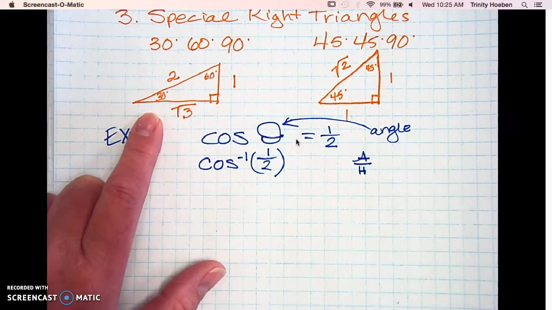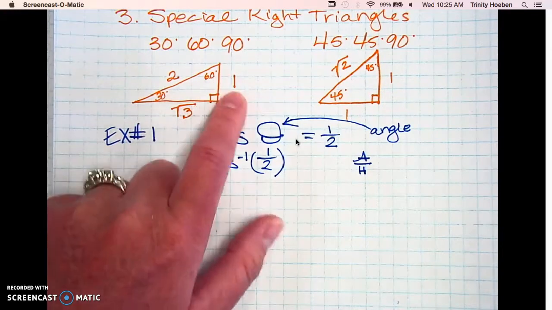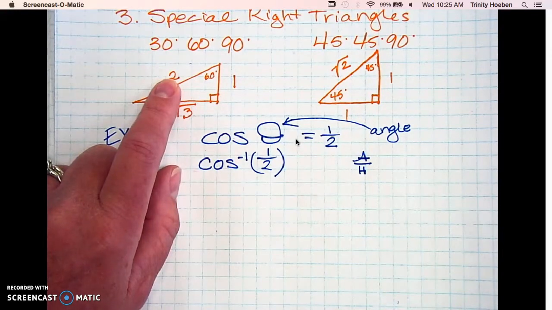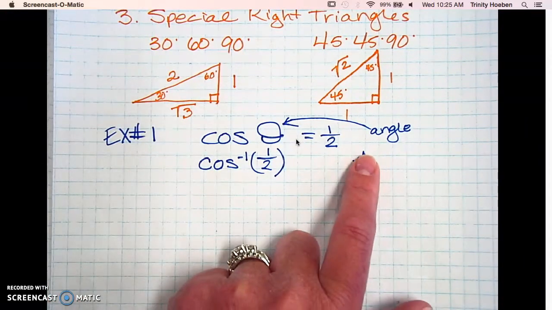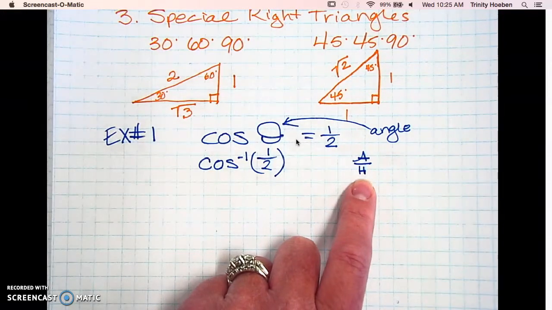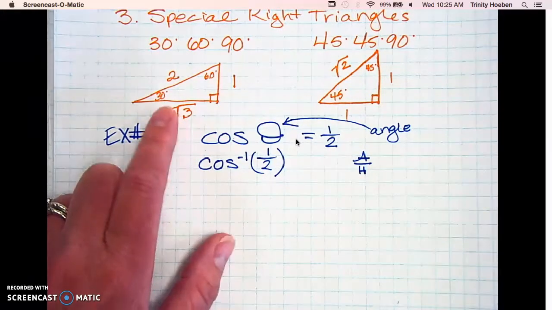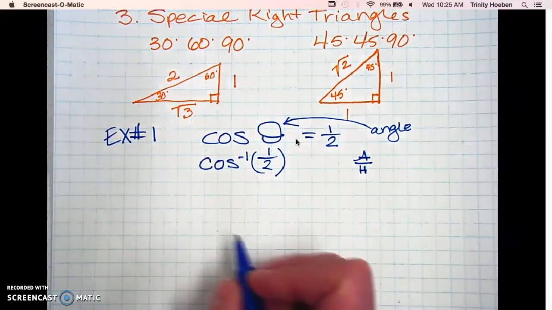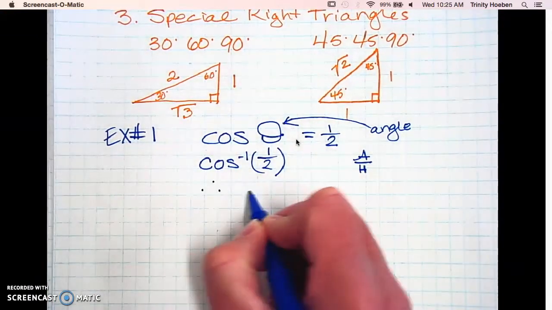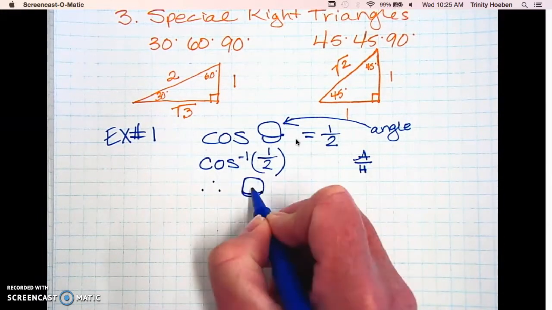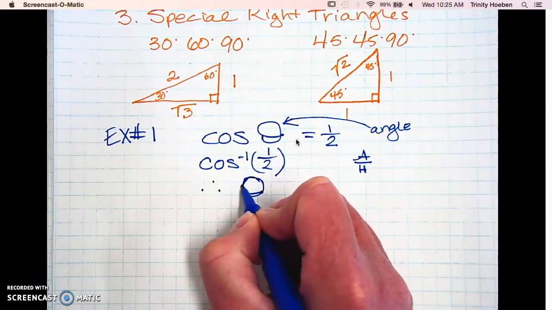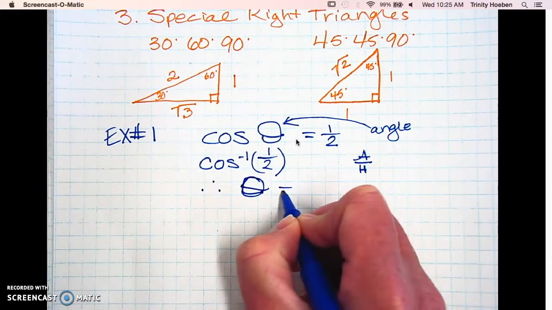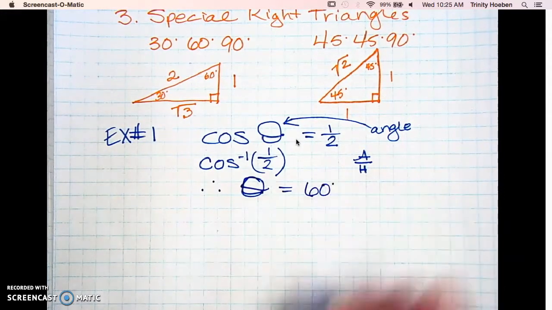Right? The 30, 60, 90. Everybody see the 1 and the 2? So we want the adjacent and the hypotenuse. Is that going to be the 30 or the 60? It's going to be the 60. So the angle theta is going to be equal to 60 degrees.